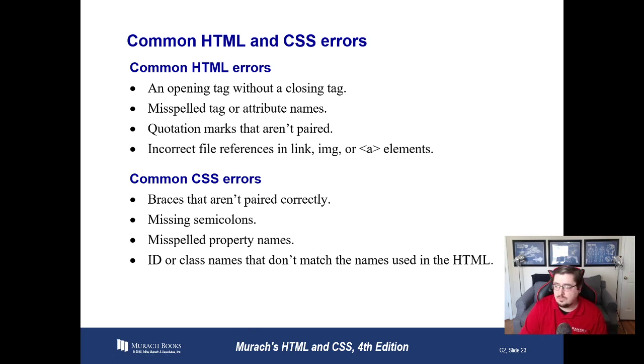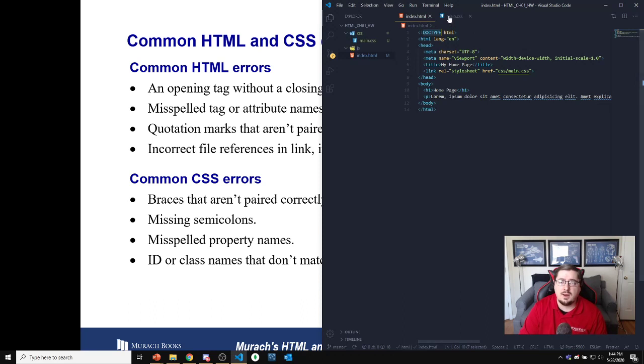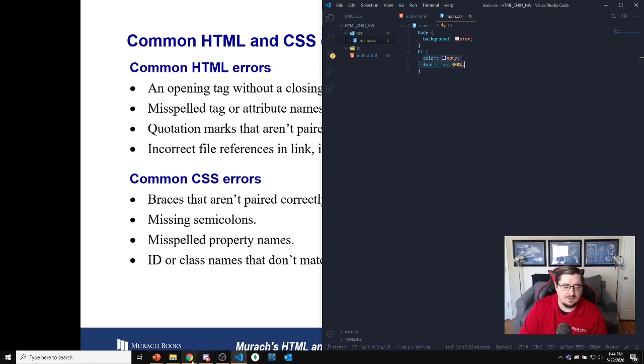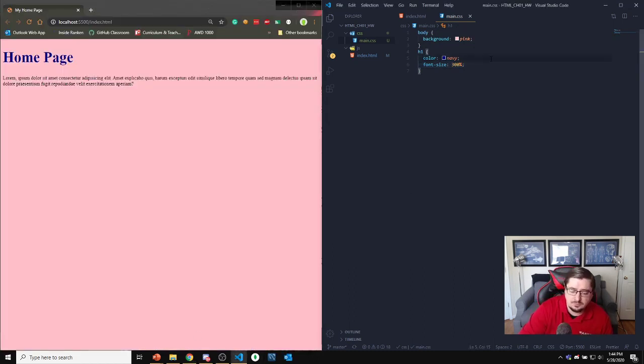Another thing to remember with CSS is that anytime you have more than one rule, you always need to end these with a semicolon. So for instance, if I didn't end this rule here with a semicolon, I'm going to go and remove that semicolon.